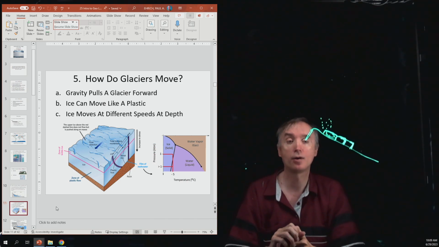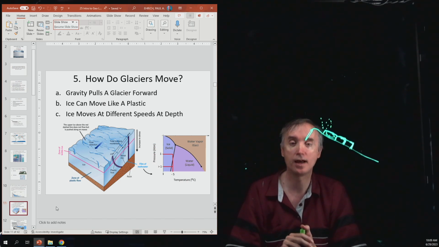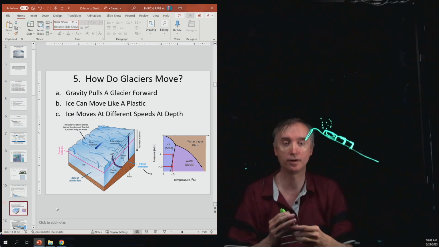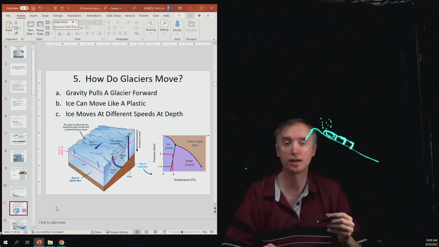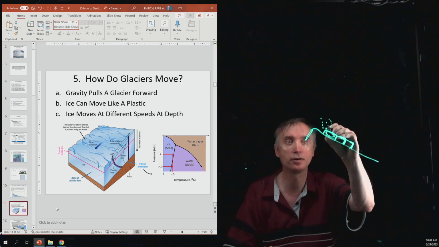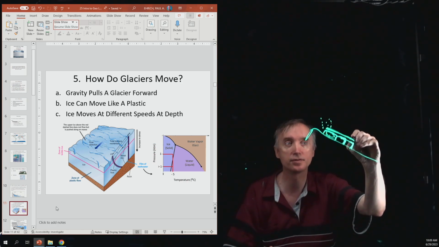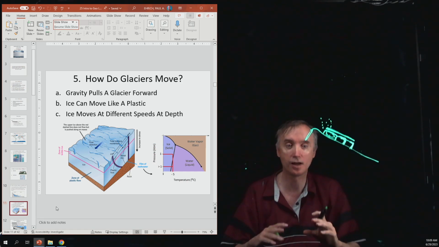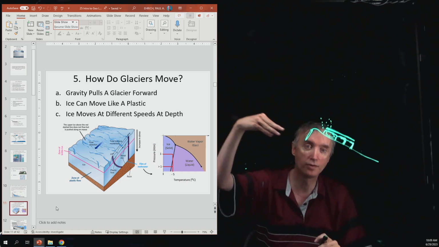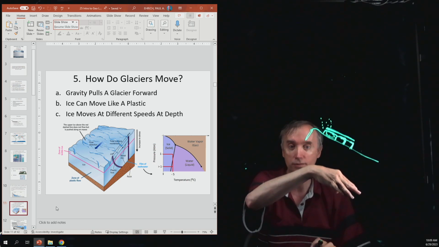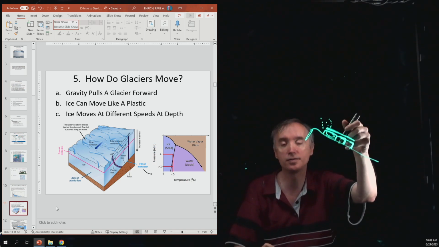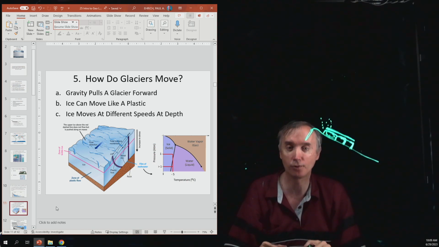Okay, and then another thing I want you to know is that the top part of the glacier behaves like a solid. So this part of the glacier, the top part of the glacier, is solid, and so it moves like a unit. The whole thing moves at the same speed. But deeper inside of the glacier, it's under pressure.